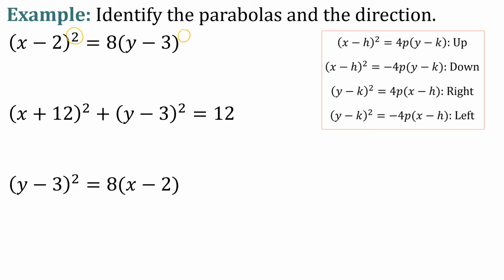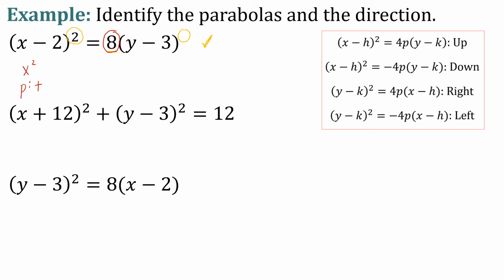Okay, so that allows me to know, and see here I have an 8, that yes, this is indeed a parabola. So now I need to know what direction it's opening. I see that my x is squared and that my p is positive because 8 is positive.